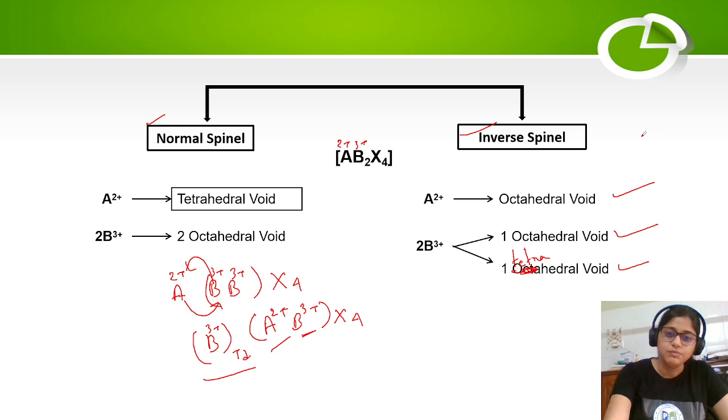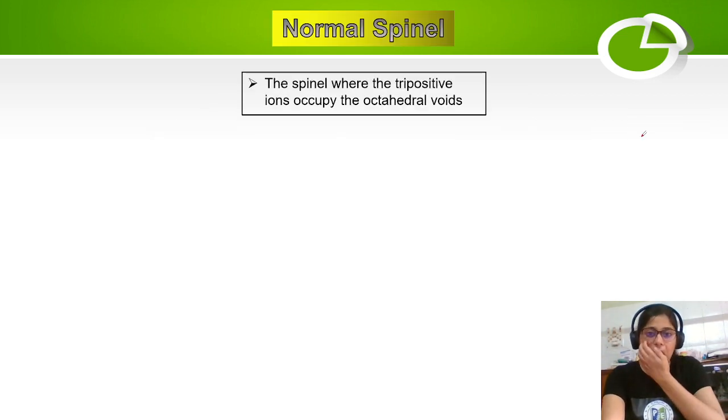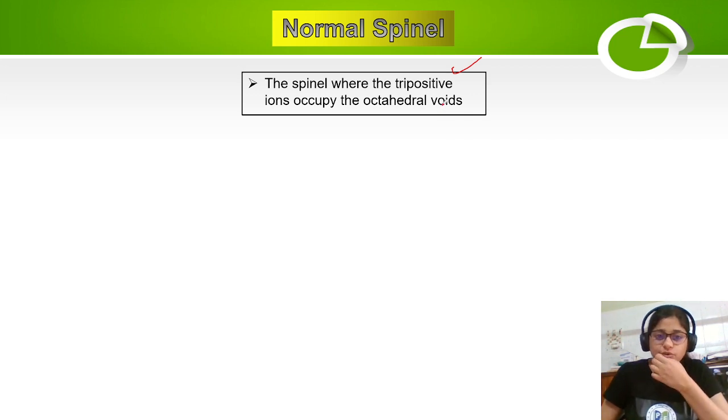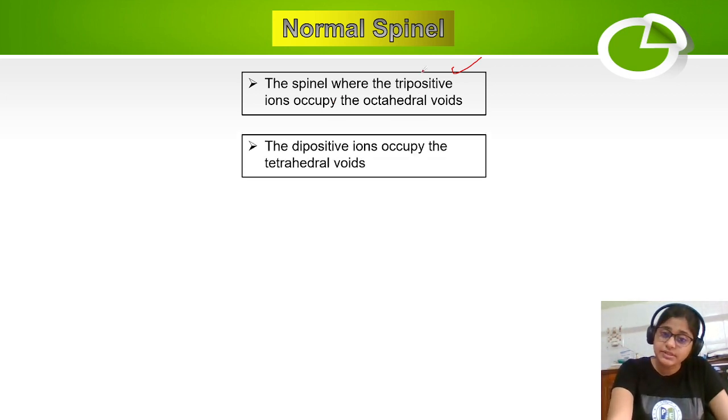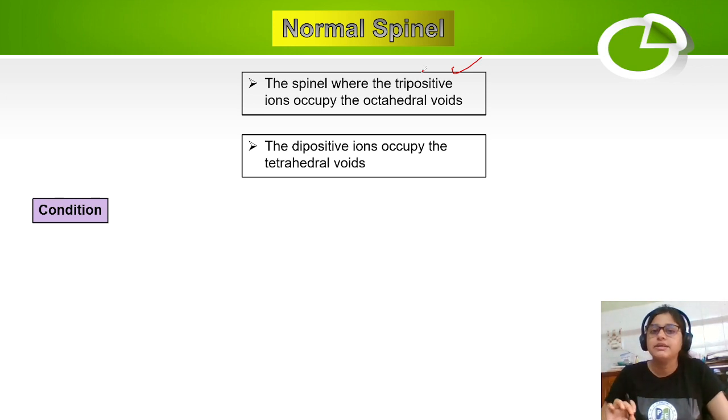Now coming to the normal spinel. The spinel where the tri-positive ions occupy the octahedral voids and the di-positive ions occupy the tetrahedral voids, I have told you previously. So to know that a spinel is a normal spinel, what do we have to do?